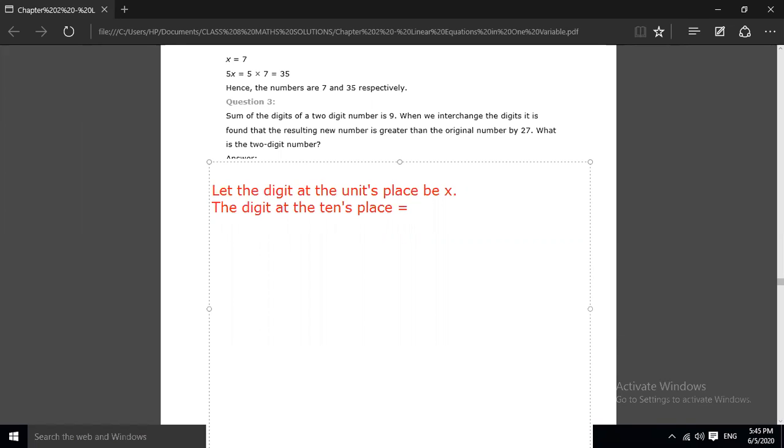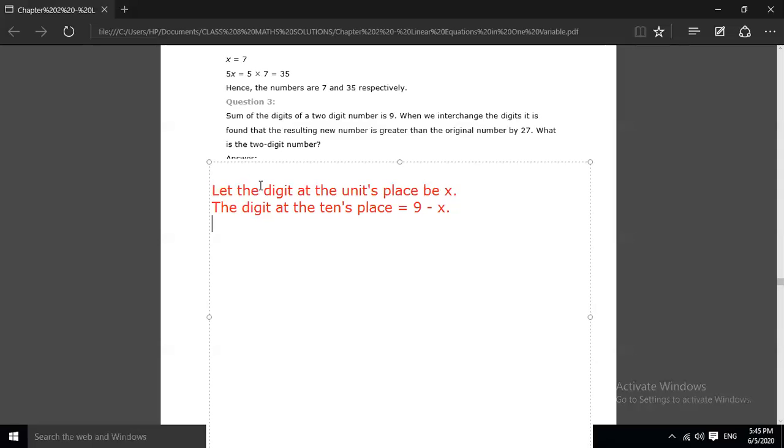So if one digit is 5, the other digit is 4, that is 9 minus 5. If one digit is 3, then the other digit is 9 minus 3. So one digit is x, so the other digit is 9 minus x.